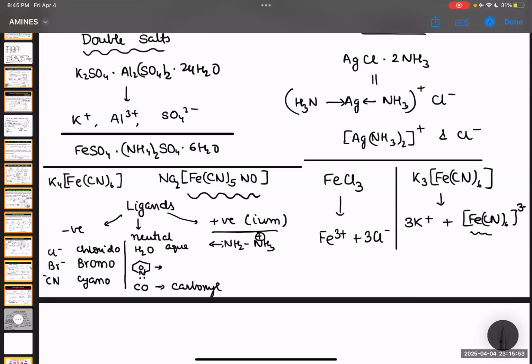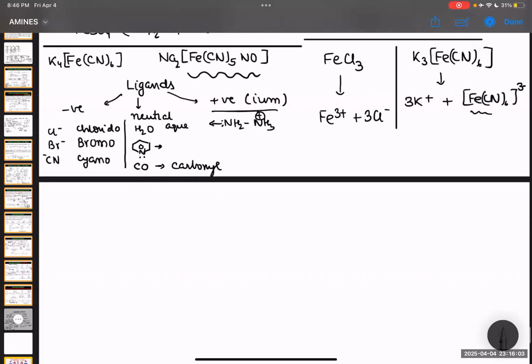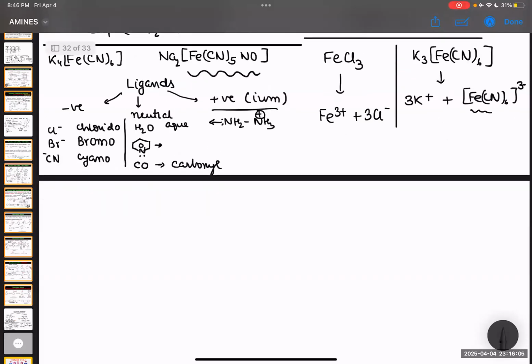Ligands can also be classified on the basis of their denticity. What do you mean by denticity? Denticity is the number of lone pairs which a ligand can donate to a single metal atom or ion.